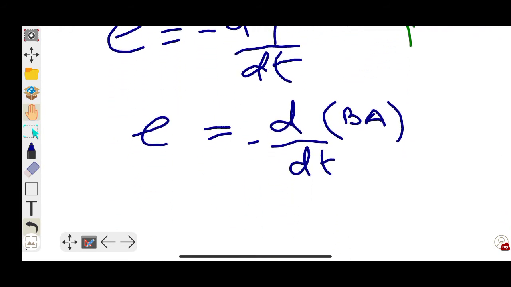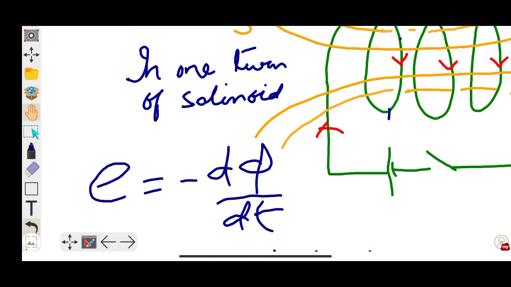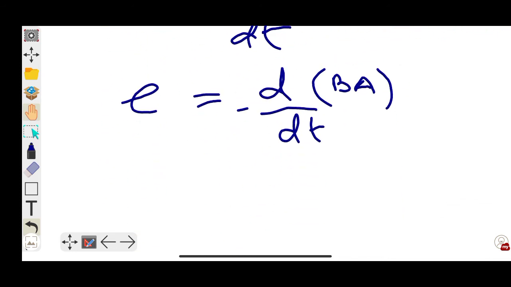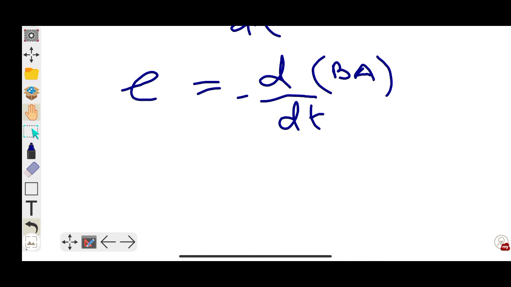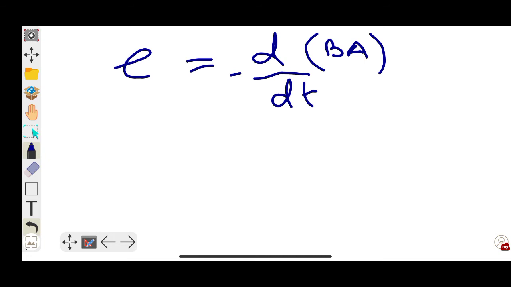But there is not only one turn, there are more turns, say 1, 2, 3, or let me assume that there are N turns in this. So the total EMF induced will be equal to N into E.